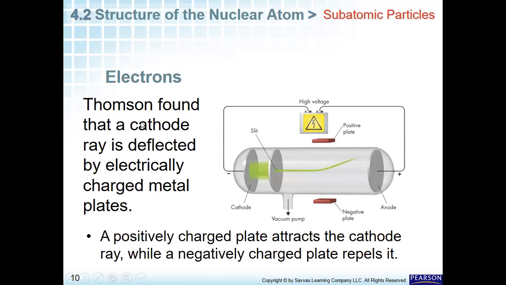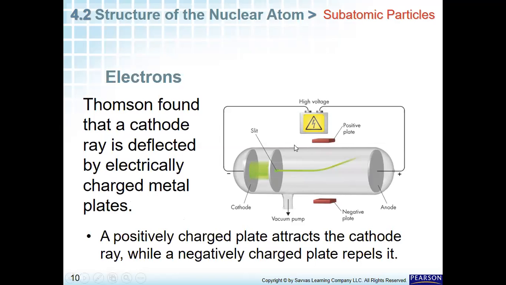Thomson found that the cathode ray was deflected by electrically charged metal plates. When the plate is positive, the ray is attracted to the positive plate. And when it comes to a negative plate, it will repel and go away from it.